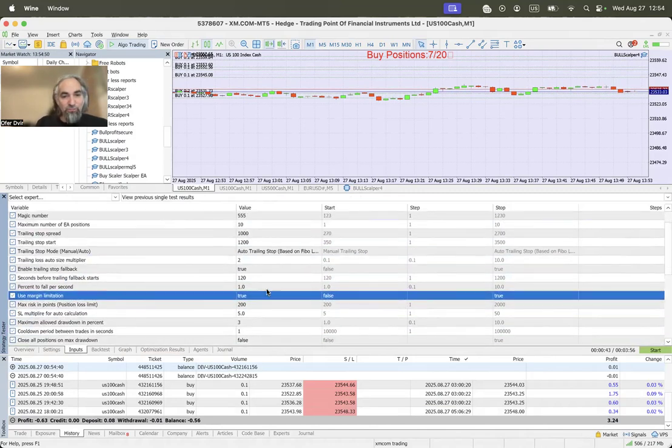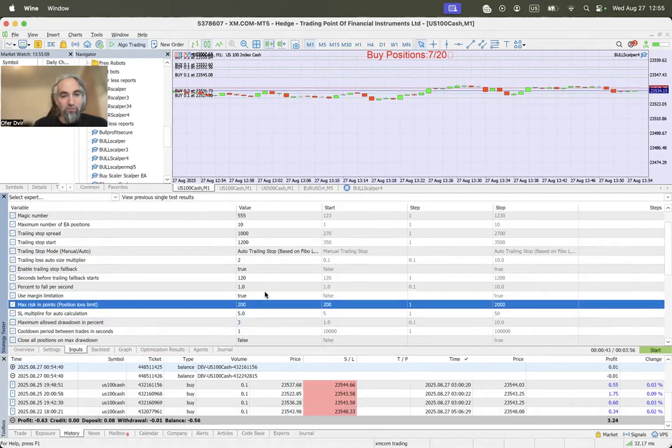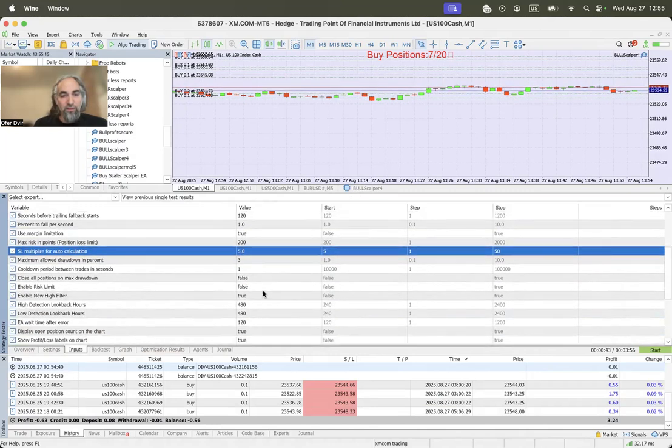Margin limitation for the account means that after the 3% of drawdown, the EA will stop opening more positions until this gets better, of course. The risk loss and the stop loss multiplier for auto calculation, that's for the stop losses.